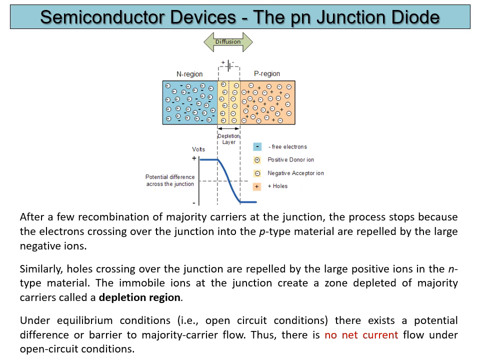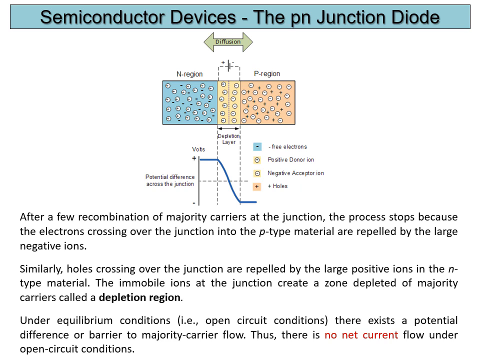After a few recombinations of majority carriers at the junction, the process stops because the electrons crossing over the junction into the p-type material are repelled by the large negative ions. Similarly, holes crossing over the junction are repelled by the large positive ions in the n-type material. The immobile ions at the junction create a zone depleted of majority carriers called the depletion region.